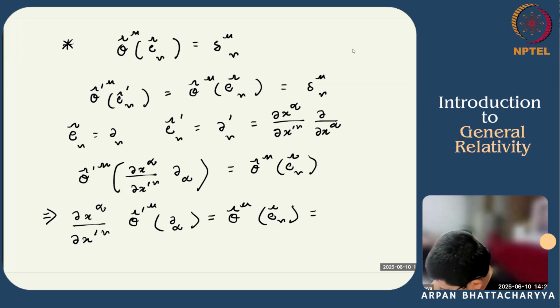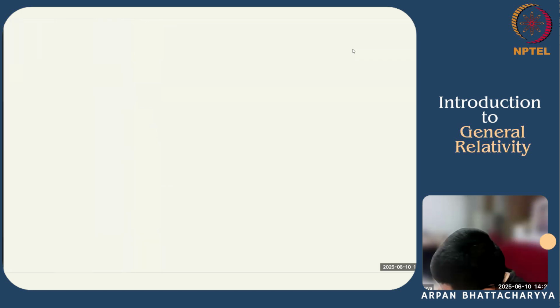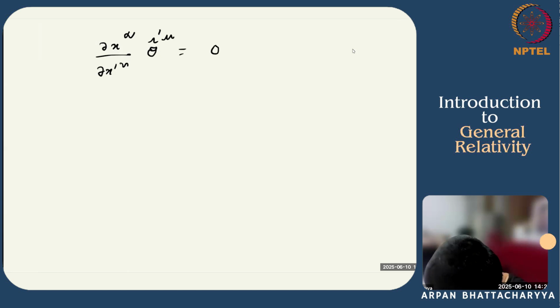Now, if this has to be true, then the following thing that I'm going to write down better be true. So we have mu, eta mu, alpha nu.